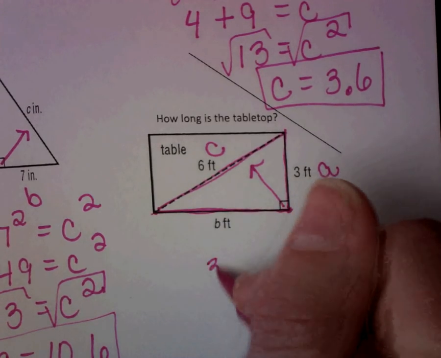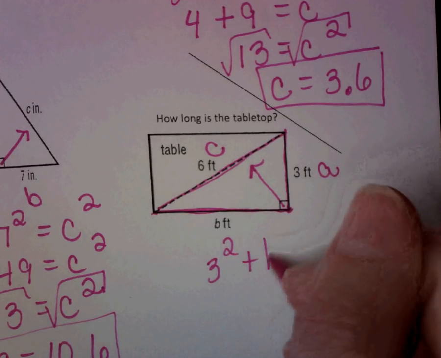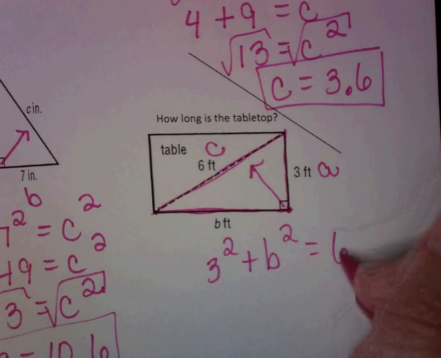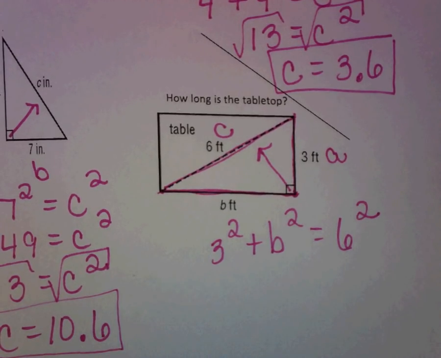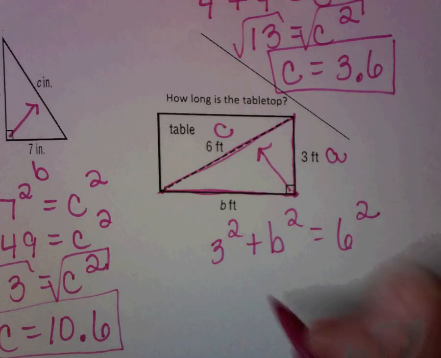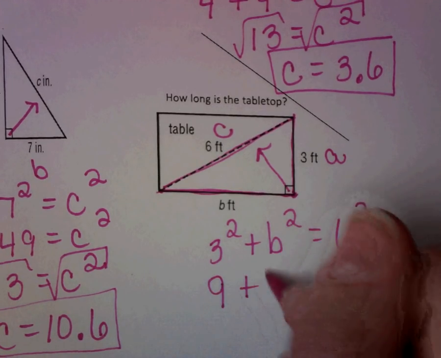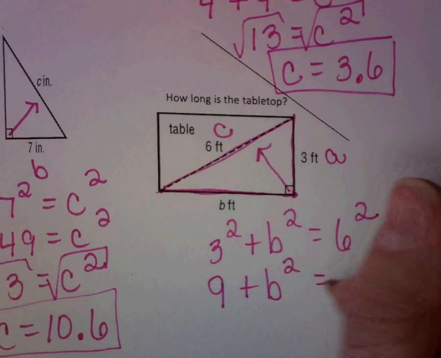So we would say 3 squared plus B squared equals 6 squared. Really important that we're filling in the formula, because you should be noticing that sometimes we're adding and sometimes we're subtracting. And so the way we can know whether to add or subtract is by making sure that we're filling in our formula.